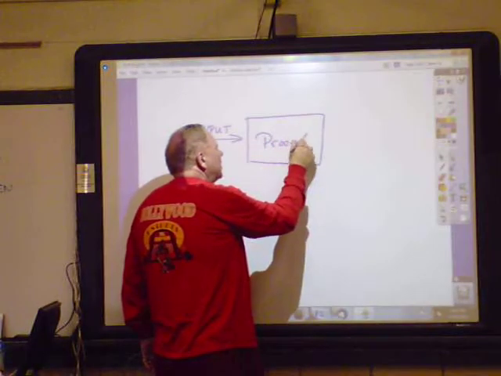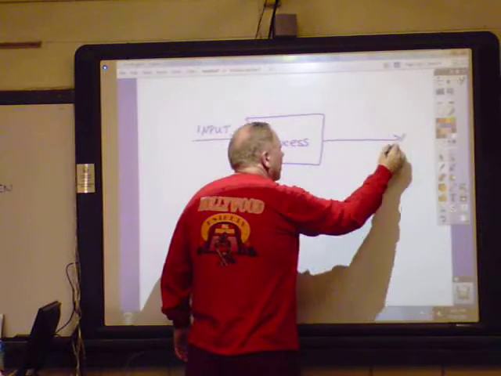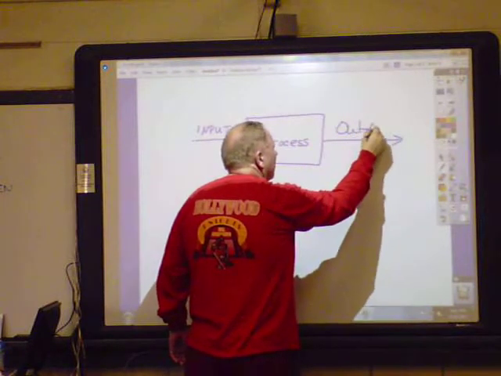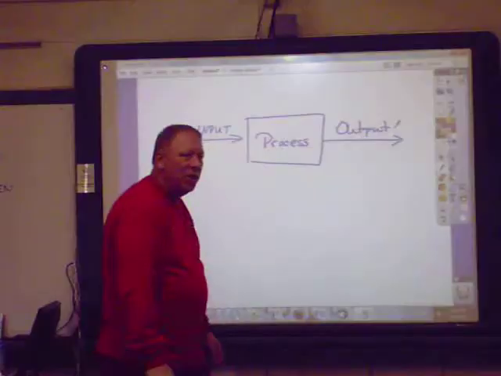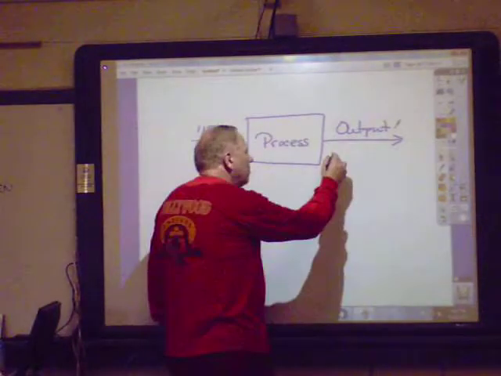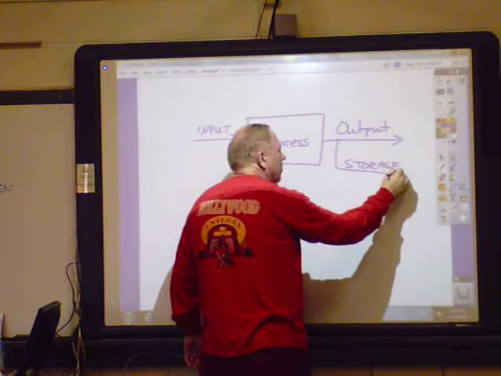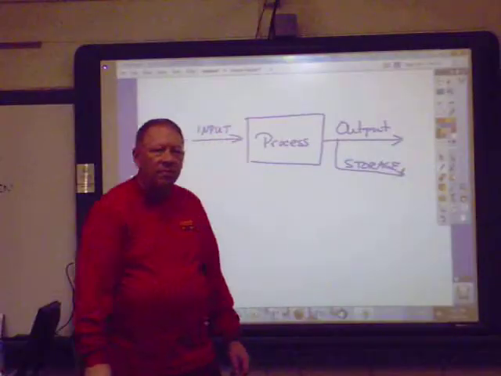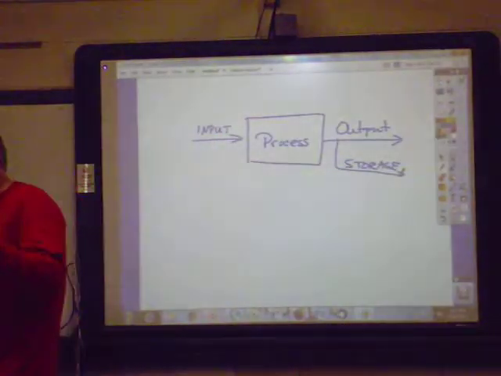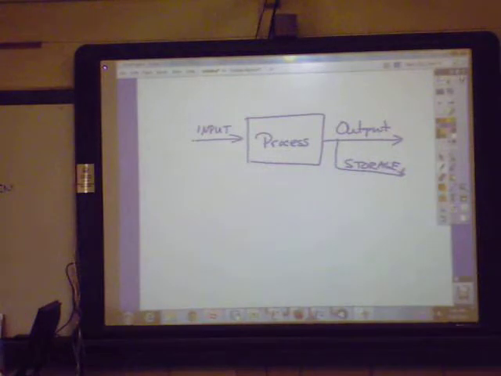We have a process that happens, and then we have output. And we could have an optional 4th thing, storage. Sometimes you want to be able to keep what it does. Now, this is called data processing.